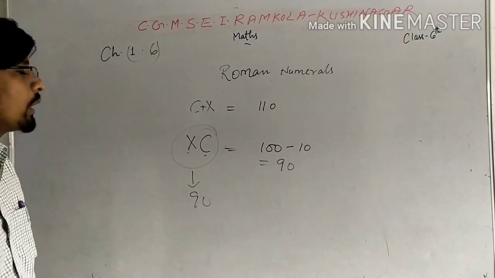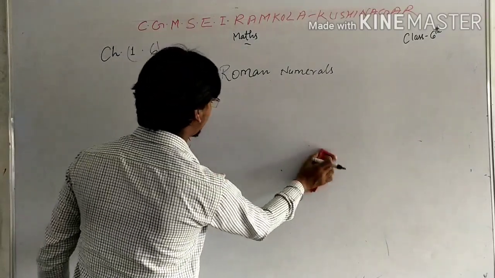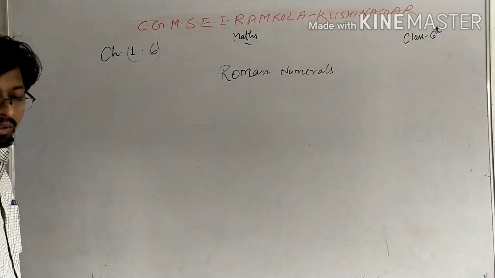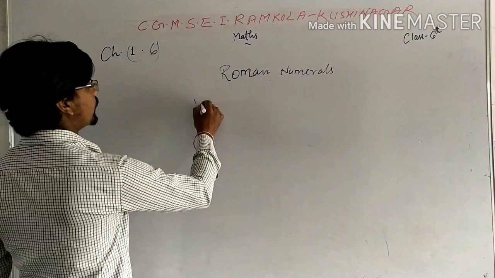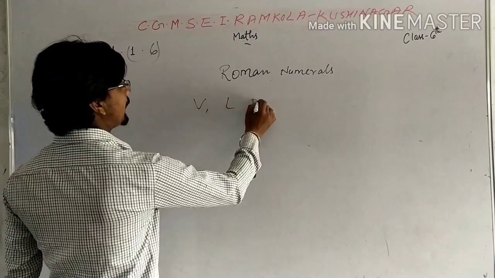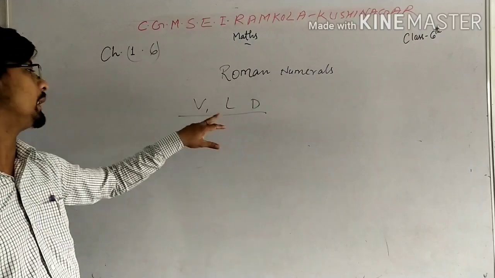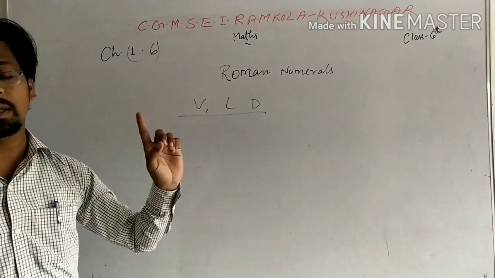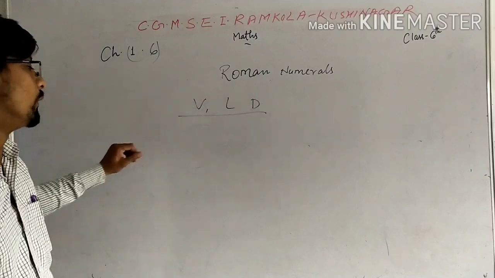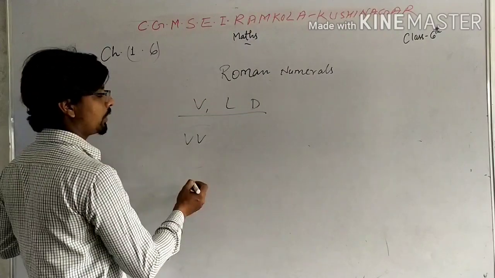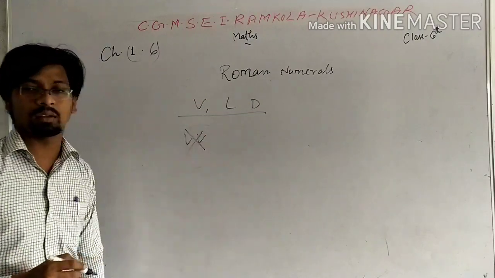Okay? There are many rules in the Roman system. V, L, D: these Roman numerals we can't repeat. It means they can be written only once. You can't write VV for 10. It is incorrect.